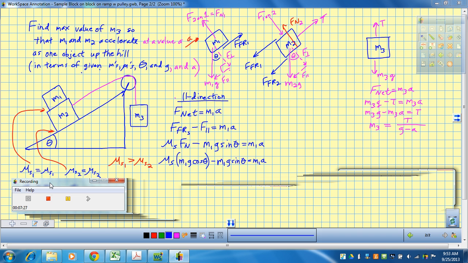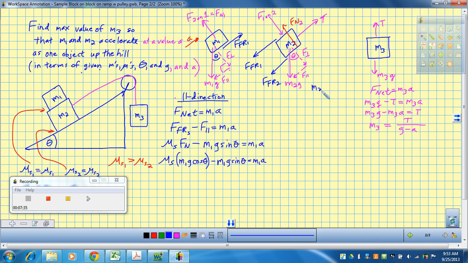All right, so on to mass 2. On mass 2, in the parallel direction, I'll draw a little squiggly dividing line around my work there. I want to apply net force equals m2 times A. Then I need to do some net force equals ma stuff.